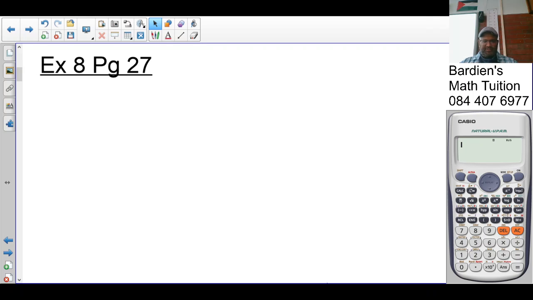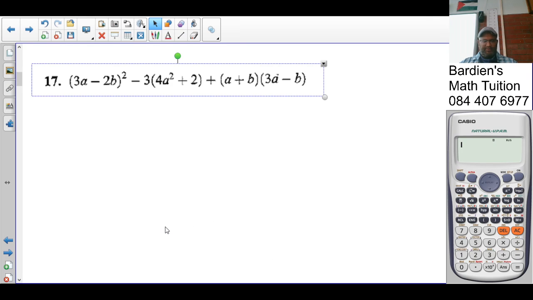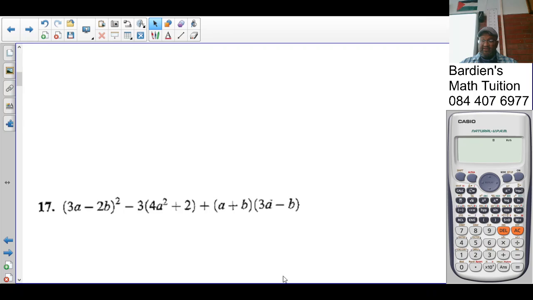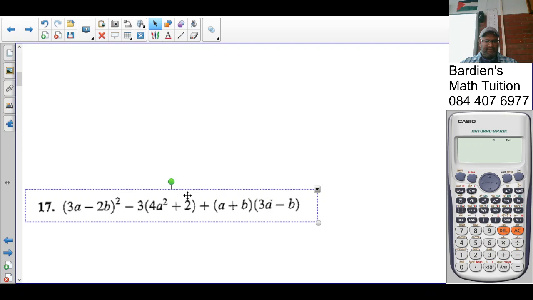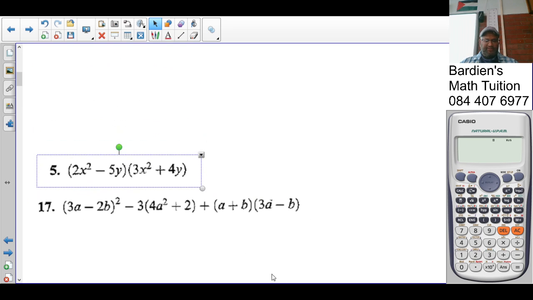There's a fairly large sum. Number 5, yes. Anything else? 9, yes. 7 and 9, okay.